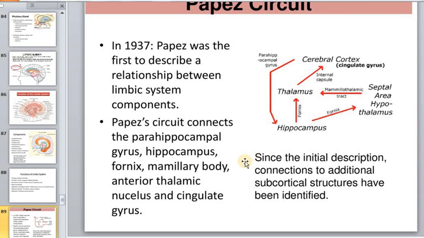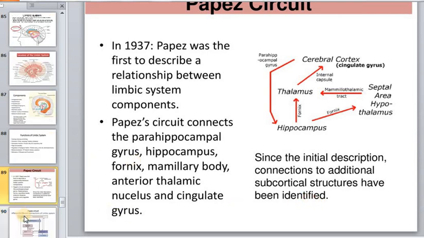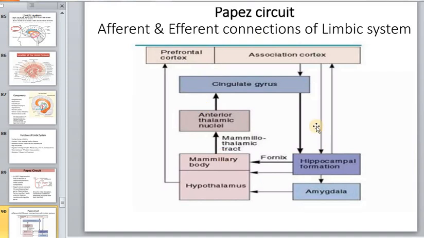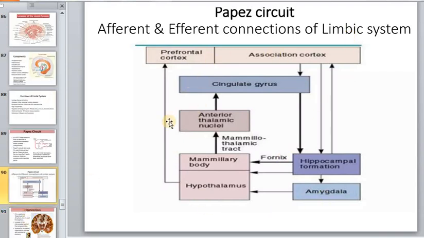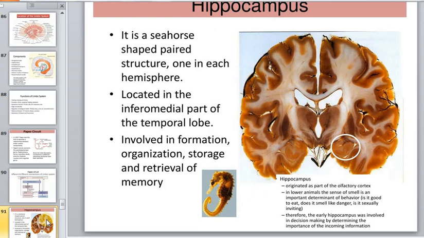Since the original description, connections to additional subcortical structures have been identified, and here we see this circle on another slide. Afferent and efferent connections of the limbic system, and all these nuclei in a circle control our emotion.